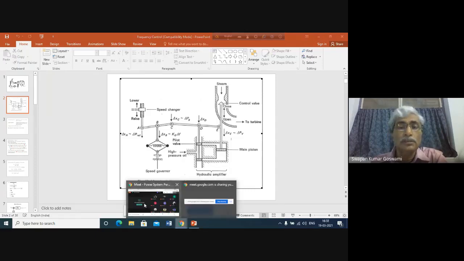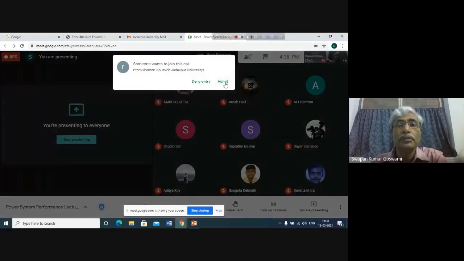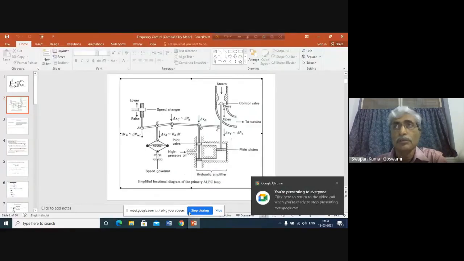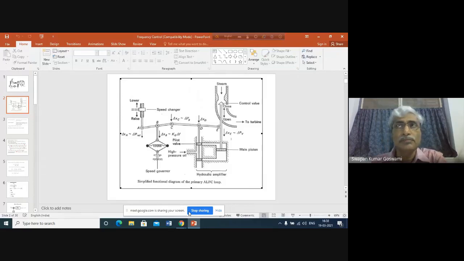Why is this a load frequency control loop? Because frequency control is sometimes known as load frequency control. The reason is that the variation in load is the reason for the variation in frequency. Whenever load changes, there becomes a difference between the active power generation and the active power demand of the load.